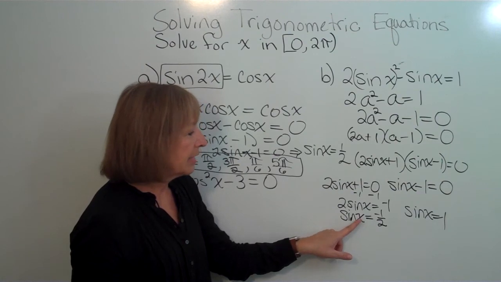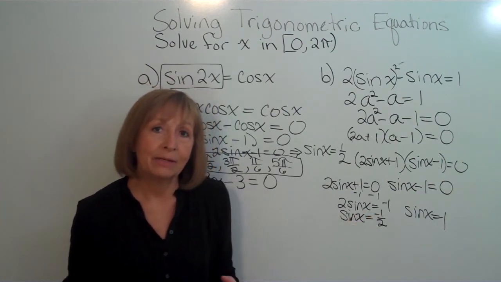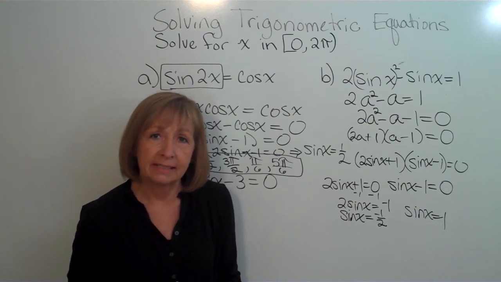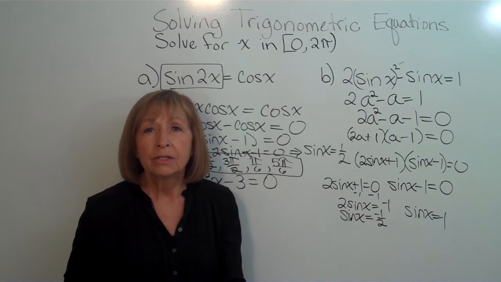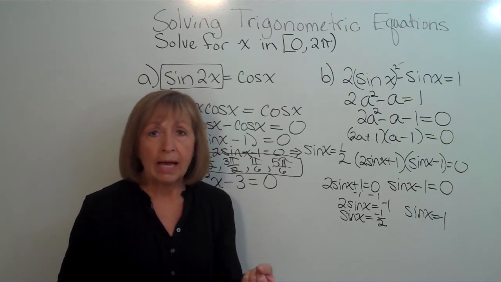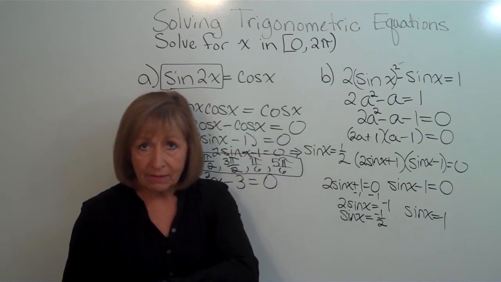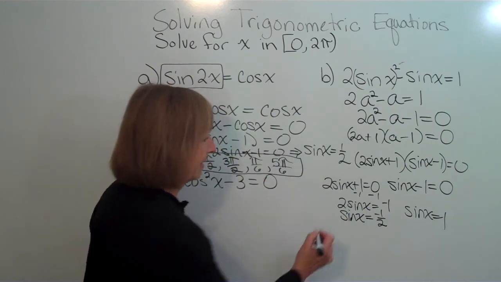So, what angles have a sine ratio of negative 1/2? The half for the sine ratio happens at the over 6's. But to be negative 1/2, I need them to be down, so they need to be in the third quadrant or the fourth quadrant. So I need to go to 7 pi over 6 or 11 pi over 6.